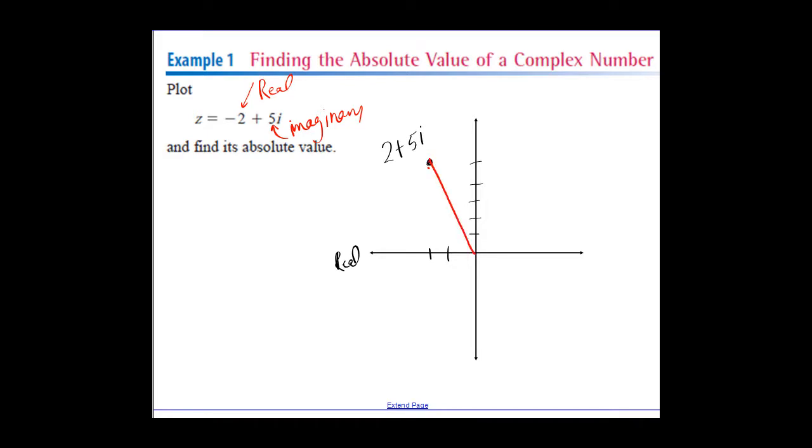So if I were to draw a triangle, so I could apply the Pythagorean theorem, I would have 2 to the left, 5 up. So the absolute value of negative 2 plus 5i is equal to the square root of negative 2 squared plus 5 squared, which comes out to the square root of 29. And again, this absolute value will always be positive.